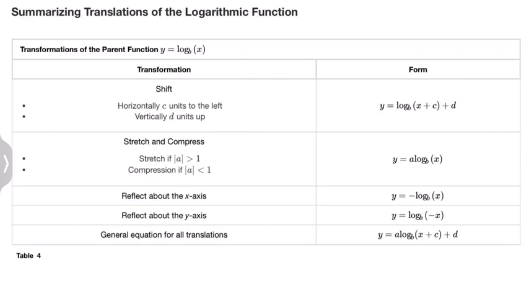This is going to cause a horizontal change. This is going to cause a vertical change. Multiplying the outside by a number larger than 1 is going to cause a vertical stretch. A number between 0 and 1, vertical compression. Flips vertically, flips horizontally, right?